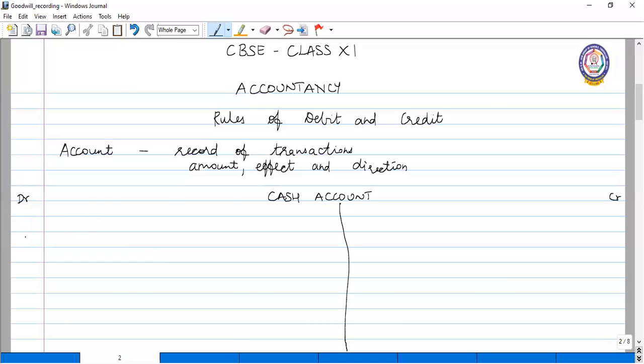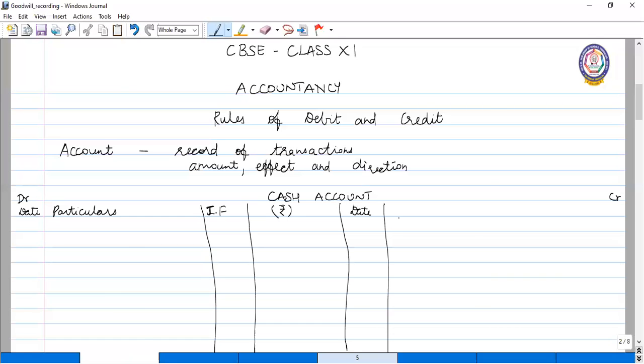First we will have the date column, then particulars, then journal folio, and then amount. The same columns are repeated for the credit side also: date, particulars, journal folio, and rupees.